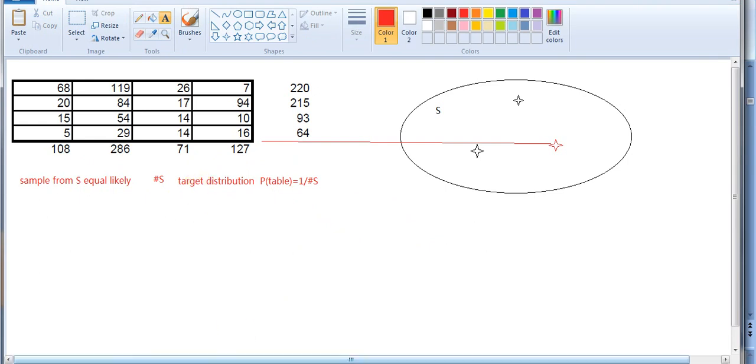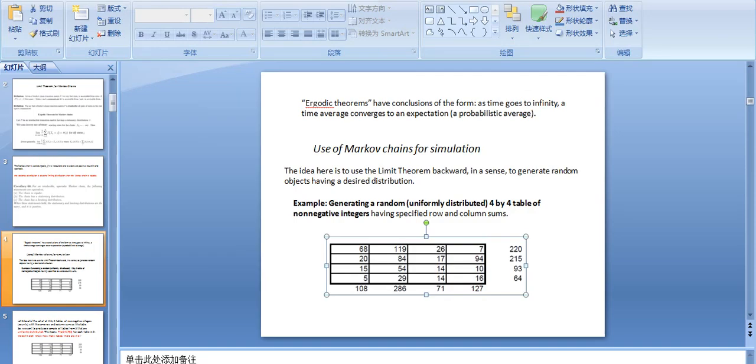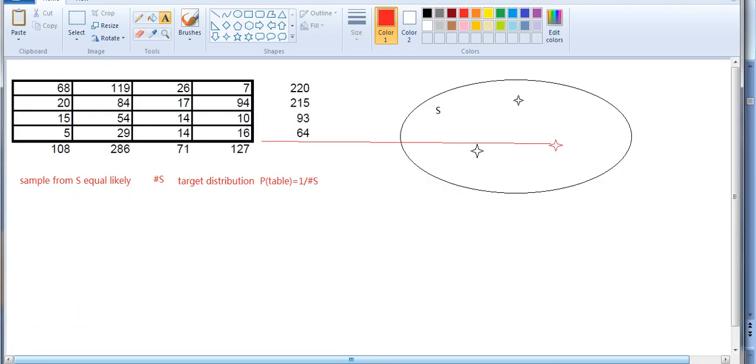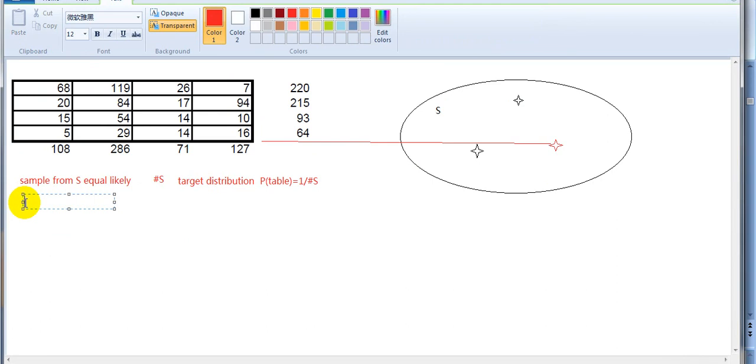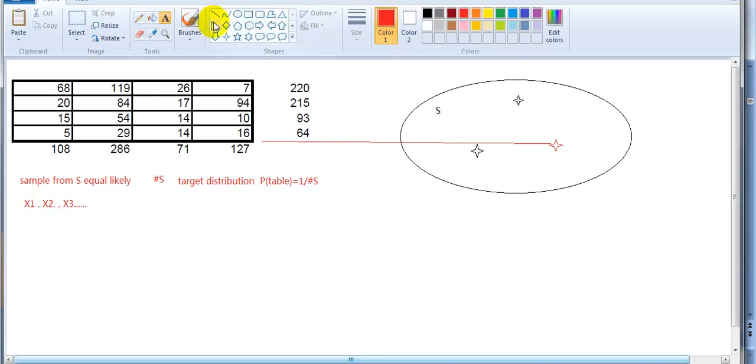The way to do it is to use MCMC, a Markov chain. Why can we use a Markov chain? We know our target distribution is uniform, and we're trying to design a Markov chain. The Markov chain is something like x1, x2, x3, and so on, and each x is a table like this, a 4x4 table.